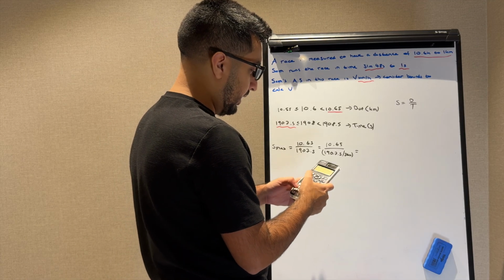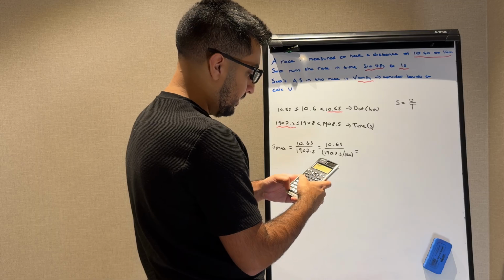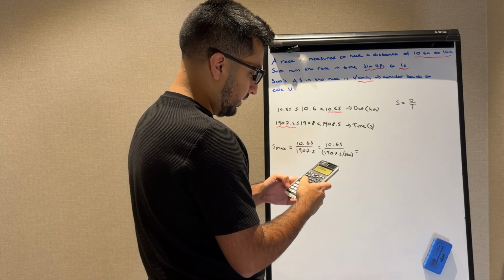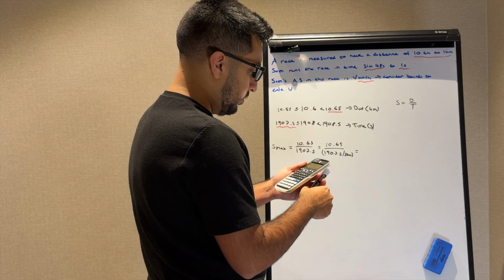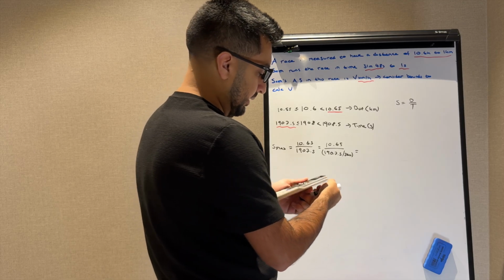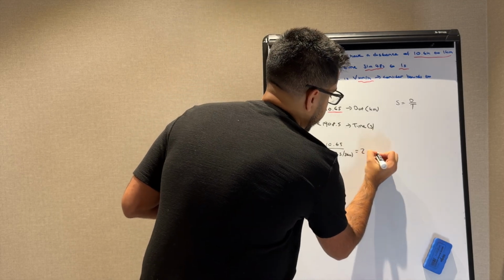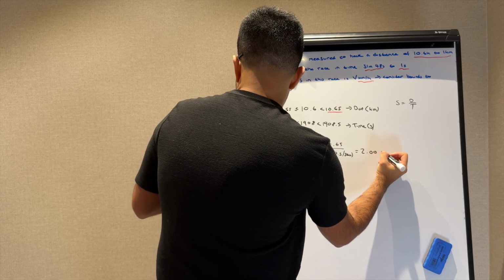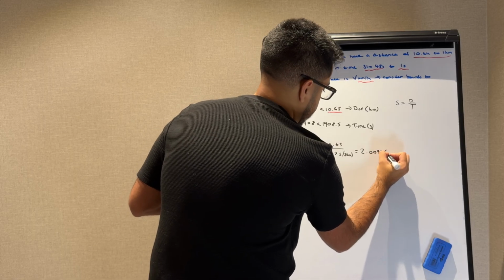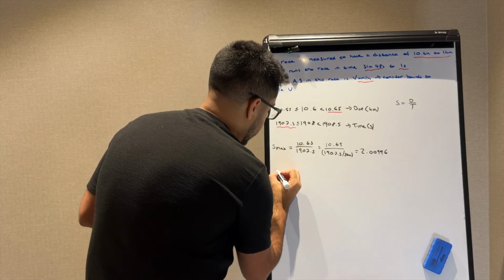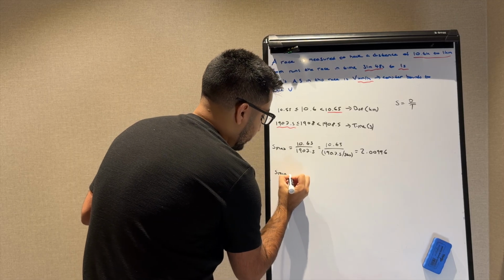So 10.65 over 1907.5 divided by 3600 gives us 2.00996. Okay. Now S minimum, the exact opposite.